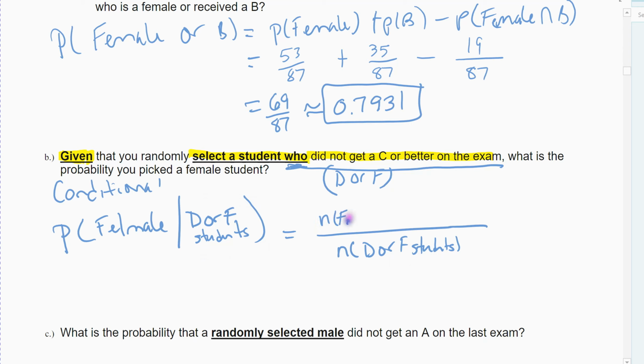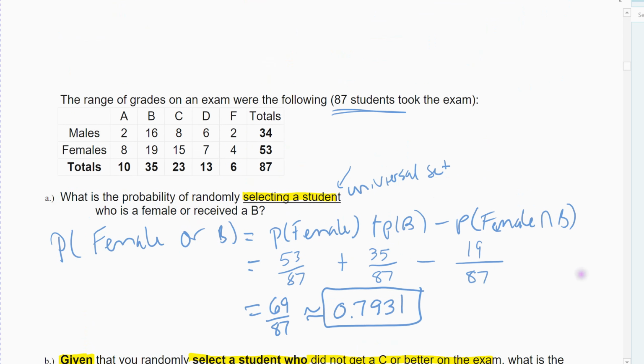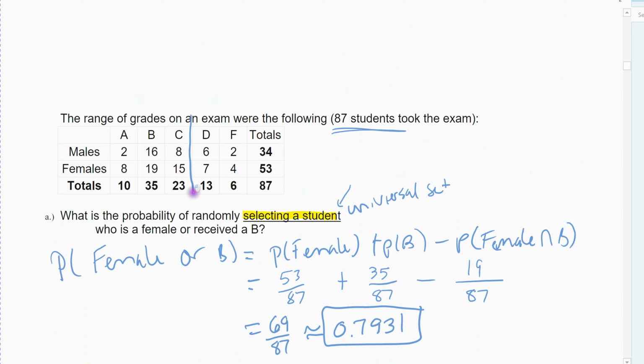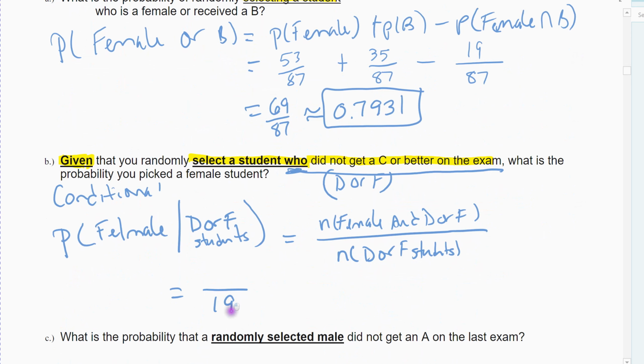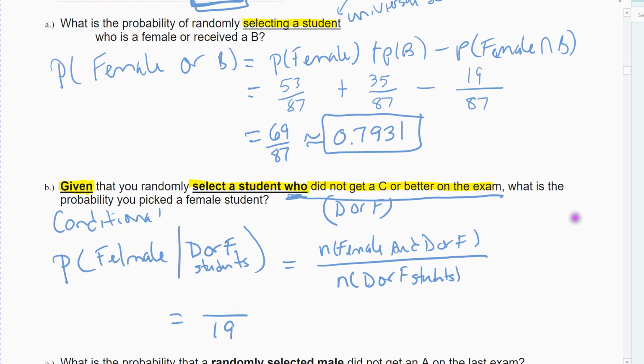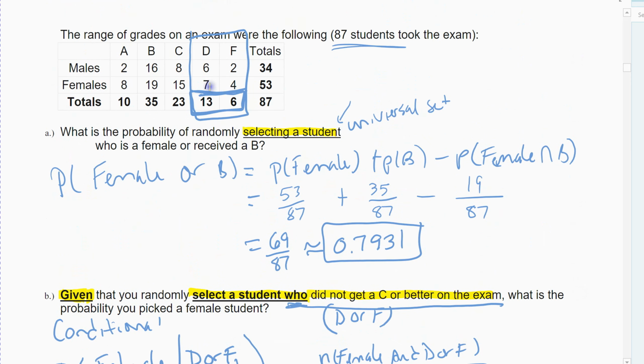So up top is the AND statement: female and D or F. Well, I go figure out what that count is. Again, I'm only looking here. That would be the total, all of my D and F students. I've got 13 Ds, 6 Fs, so there are 19 D or F students. So out of the 19 D or F students, how many are female? Well, that would be this group, right? It's the female student.